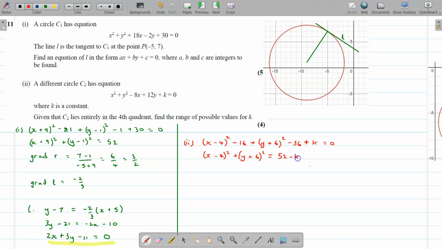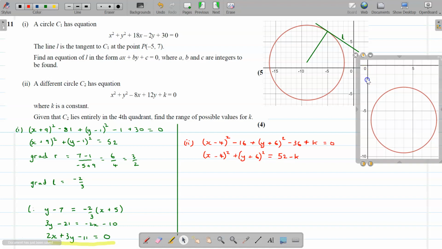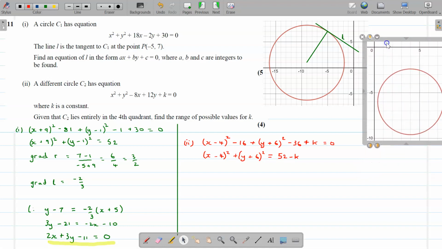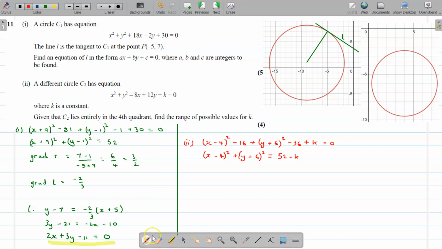Now what we've got to do is consider the range of possible values of the radius to cause the circle to stay in the bottom right quadrant like this. So you can see I've got the axes there. I've just done a random value of k that's showing the circle with its center at the correct point, 4 comma negative 6, currently inside the quadrant as it's required to be.